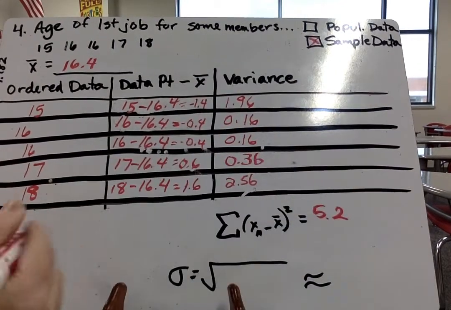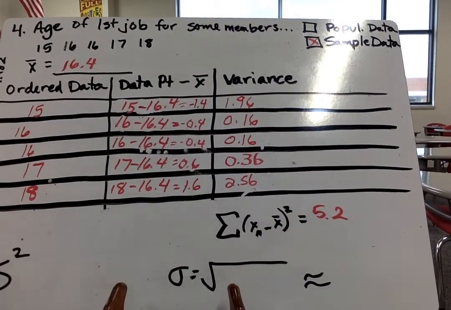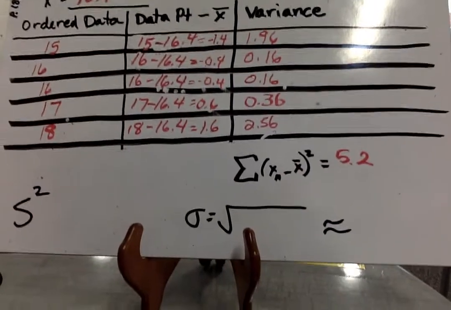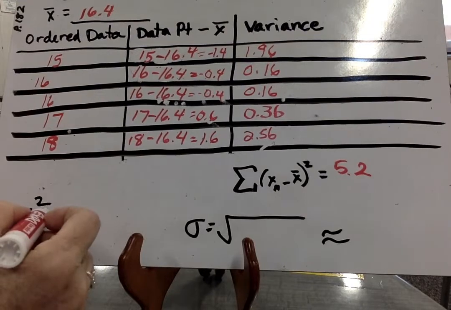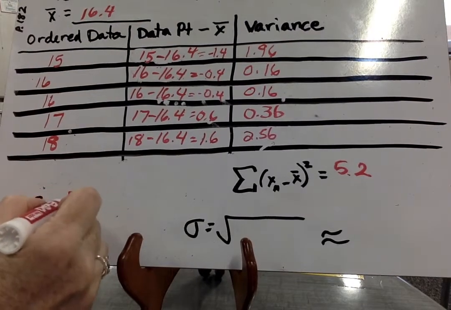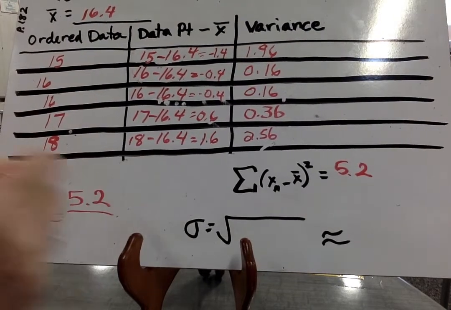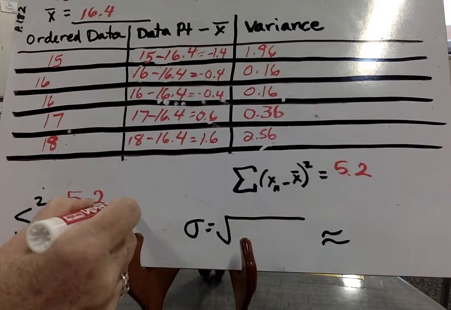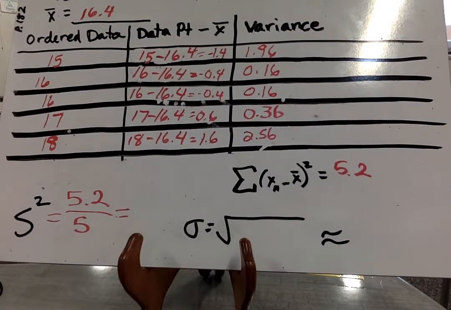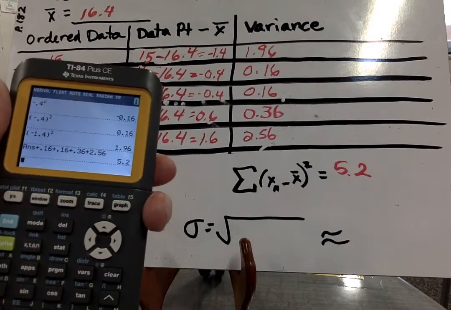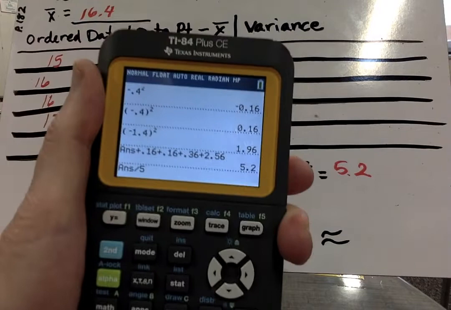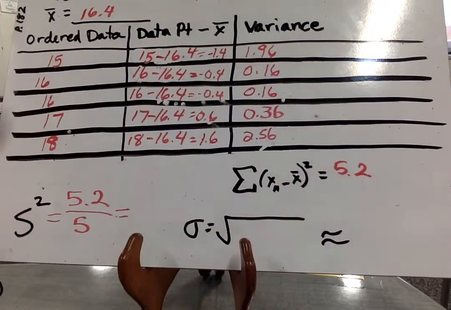Now that we have that total, we go over to this S squared. We take 5.2 and divide it by how many numbers there are, which is 5, and that gives us S squared: 1.04.